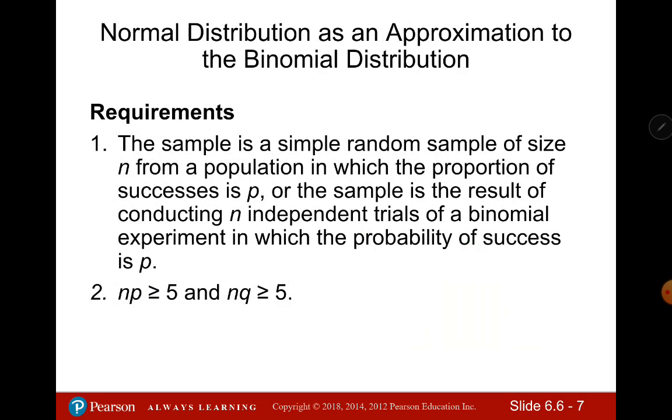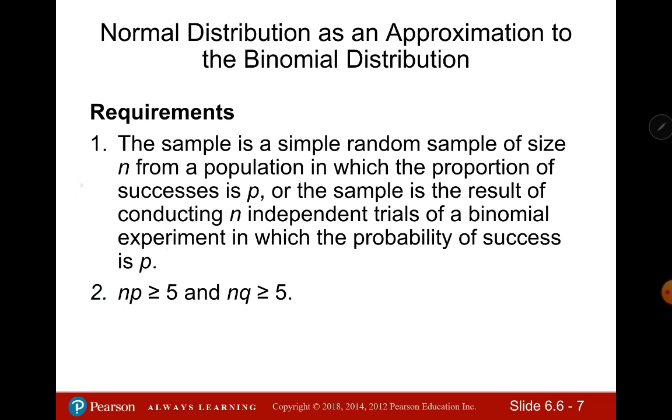Of course, we need to check the requirements. First, we should make sure the distribution is a binomial distribution. If it's not a binomial distribution, we cannot use the normal distribution to approximate it. So we need to check the requirements to see if it is or not.